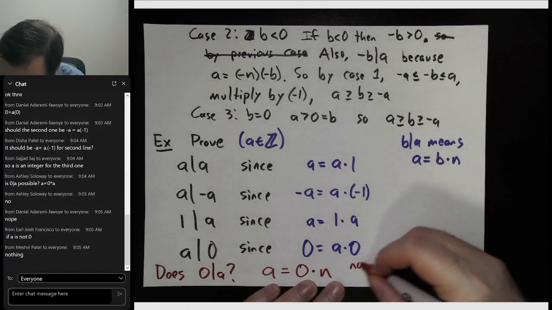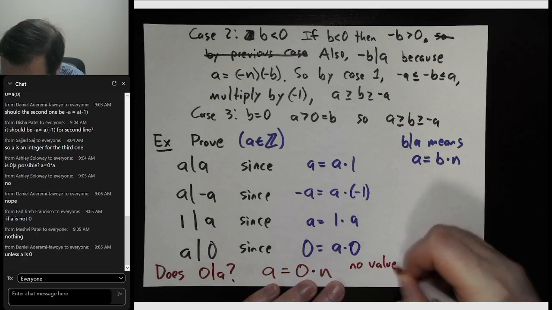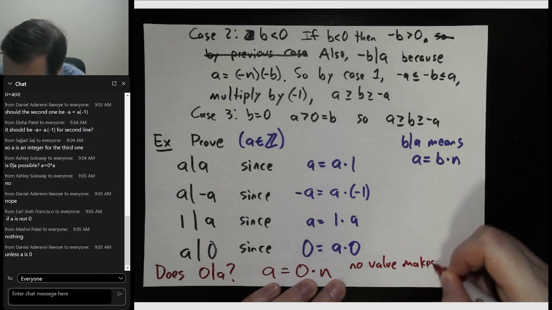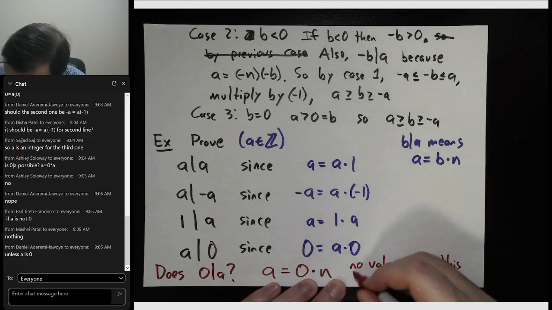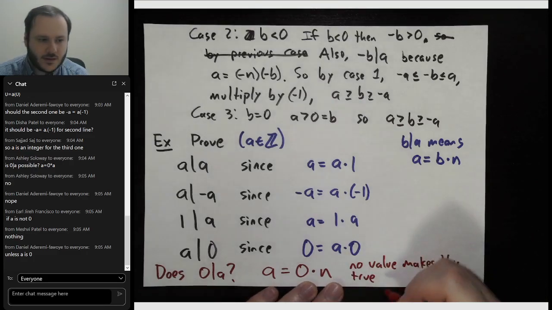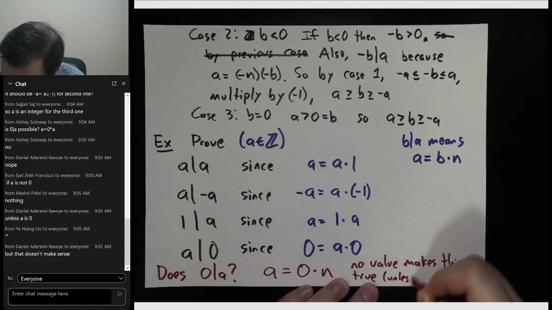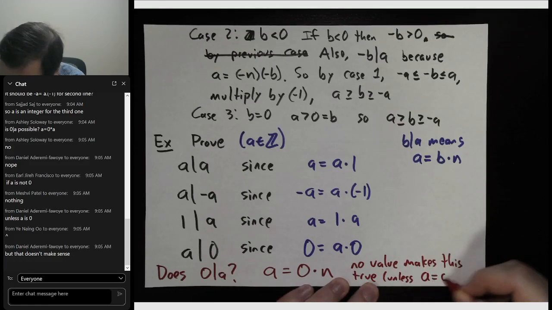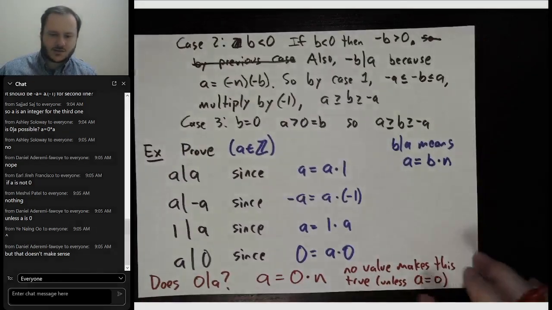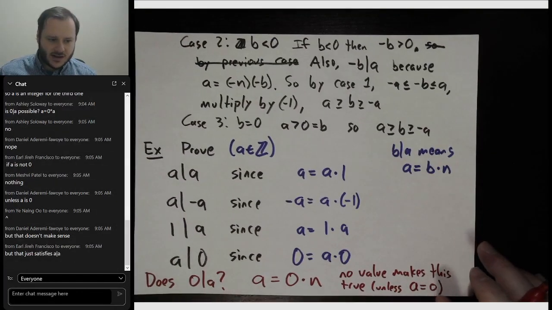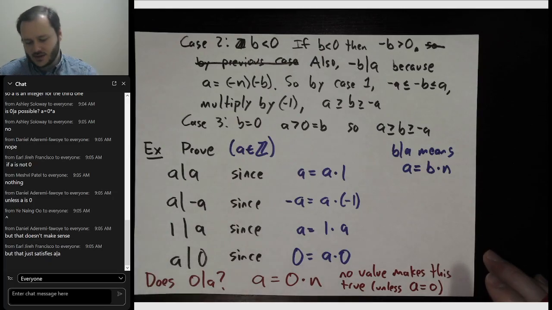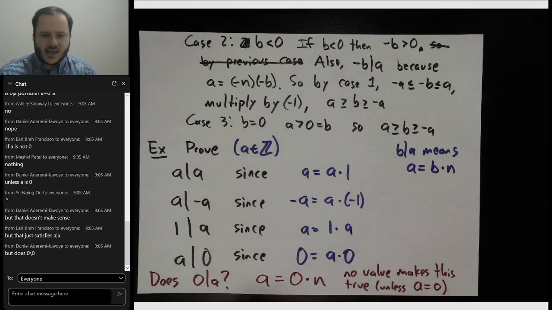No value makes this true, unless it's a 0. So we can now raise the question, does 0 divide 0? And according to this, we're going to say yes, 0 is a multiple of 0.